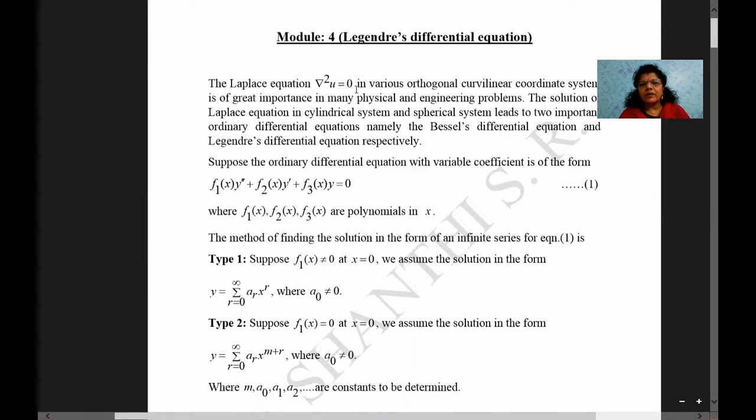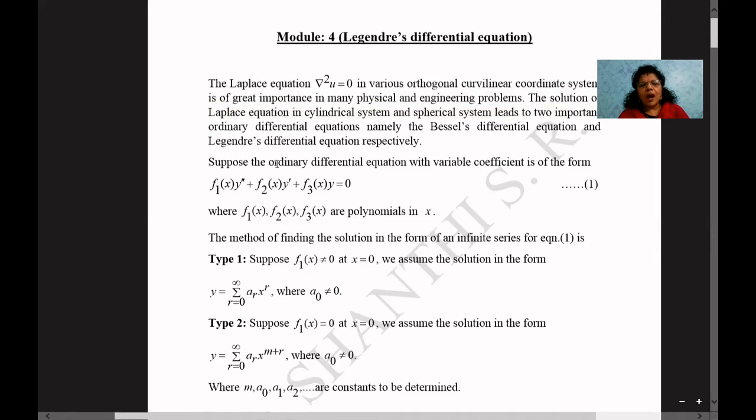del square u equal to 0, if the orthogonal curvilinear coordinate system is of great importance in many physical and engineering problems. The solution of this Laplace equation in the cylindrical system is called the Bessel differential equation, and the solution in the spherical system is called the Legendre differential equation.